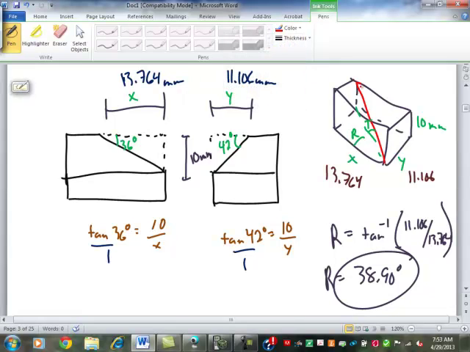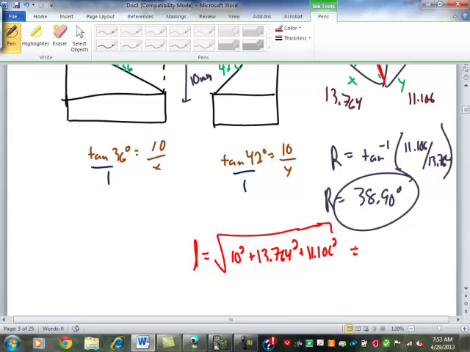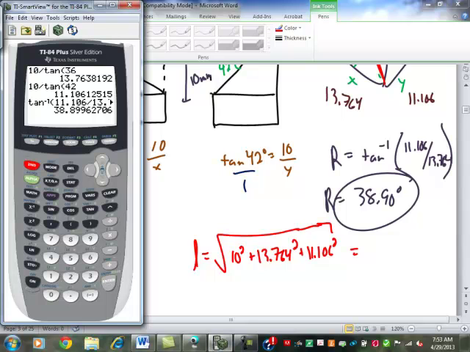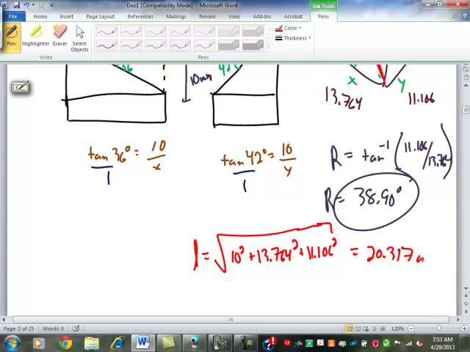For our angle of tilt, we still need to know this length. Even though it's not going to be the correct length, it's the length that we're going to use in our calculation. So that's going to be the square root of 10 squared plus 13.764 squared plus 11.106 squared, which will give us a theoretical length that we'll use there of 20.317 millimeters.